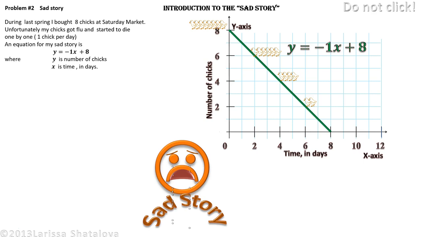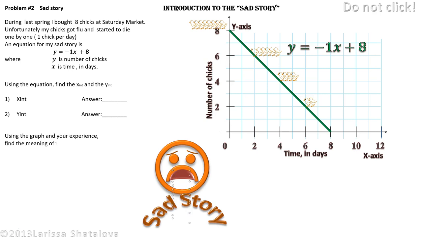Now I want you to use the equation and find the x and y intercepts. And then I want you to use the graph and your experience and describe the meaning of the x and y intercepts of this sad story. Your project is on the next slide.